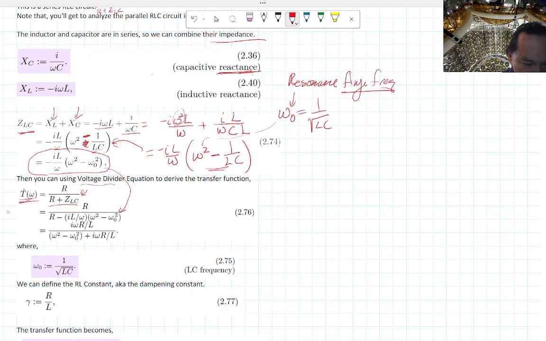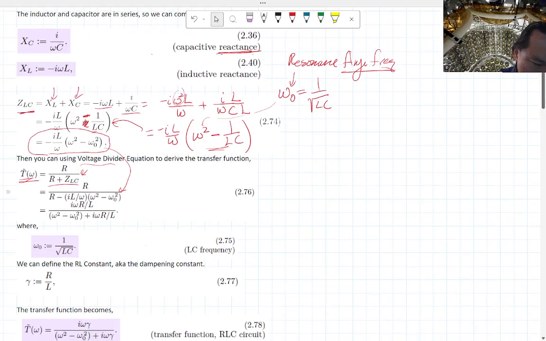We're going to massage this a little bit more. We do a little factoring and move things around so that we end up with a bunch of factors of i omega R over L. You have this resonant frequency term here, and then plus another imaginary term i omega R over L. So you can see that these two are very similar to each other. We're going to get rid of the R over L because we're going to see this over and over again.